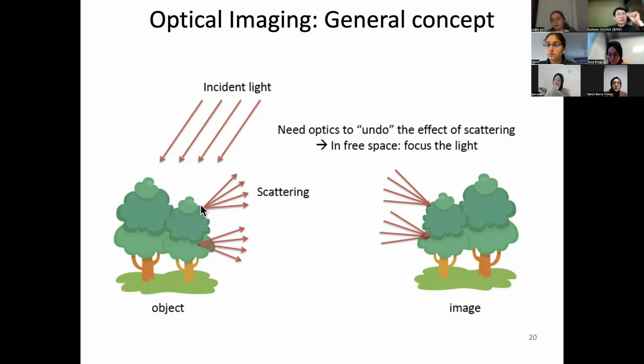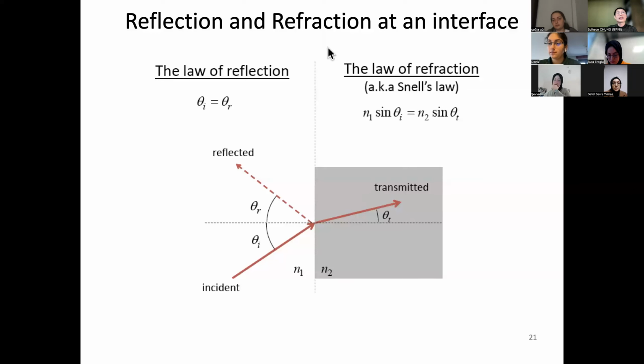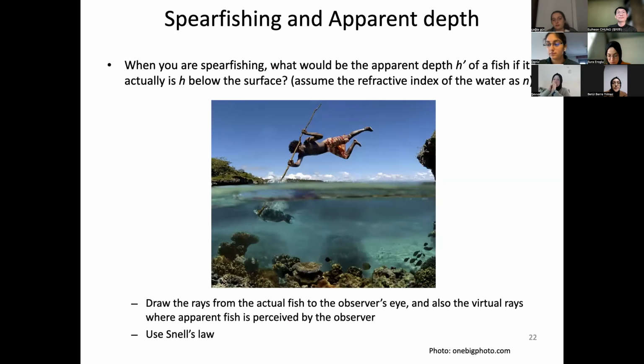But this scattered diverging light has to be converged, and we need to do something, typically a lens. And that's actually the phenomenon called refraction. I'm sure you've learned so-called Snell's law. It's just a bending of the light depending on refractive index change. And a famous device for doing this is a lens.